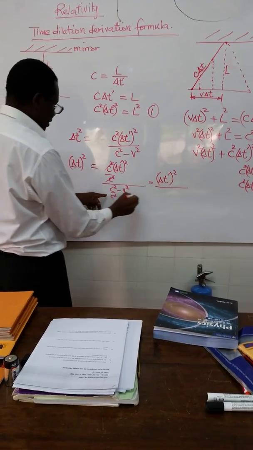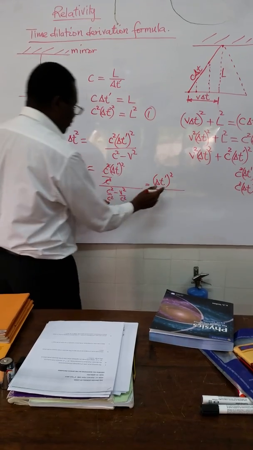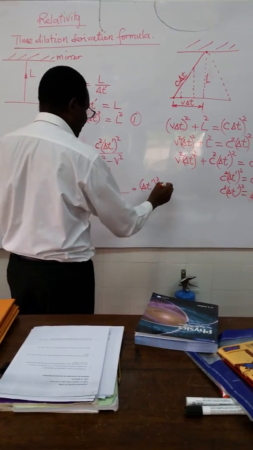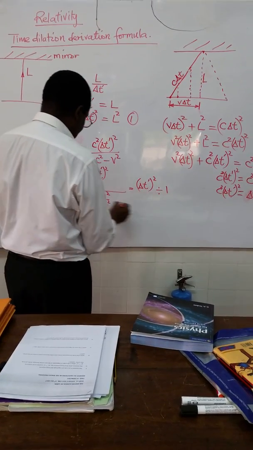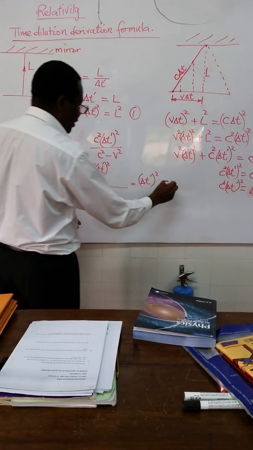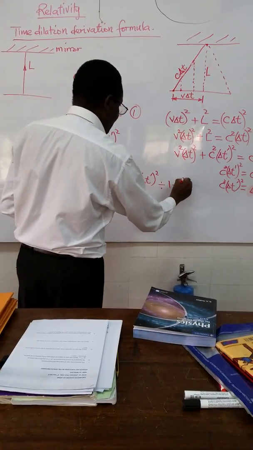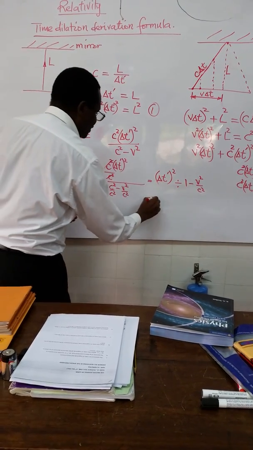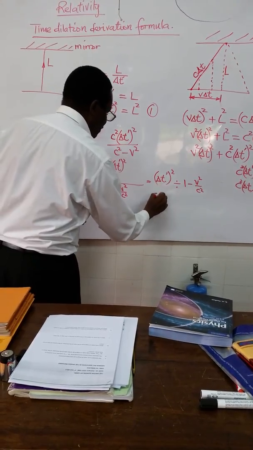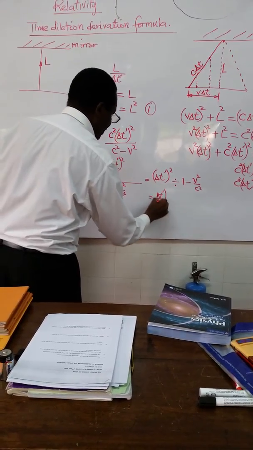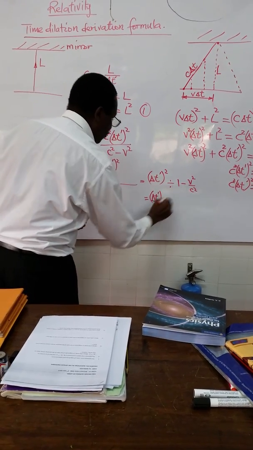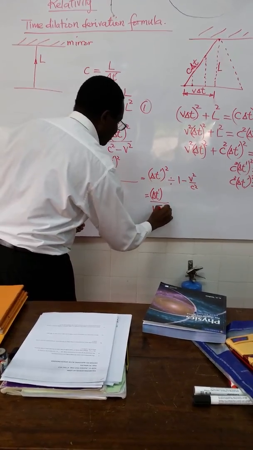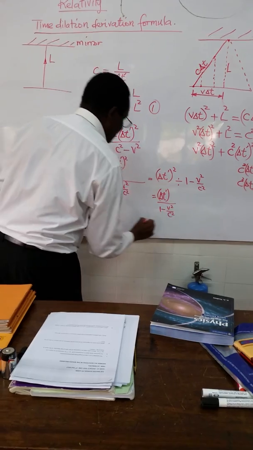over, or divide by. You can even do it this way, divide by. This becomes 1, c squared over c squared, and this is v squared over c squared. So now this is the equation you have, which is the same as change in t prime squared over 1 subtract v squared over c squared.